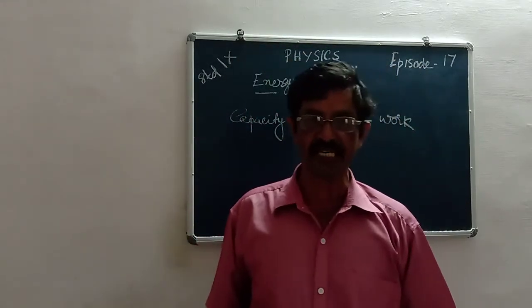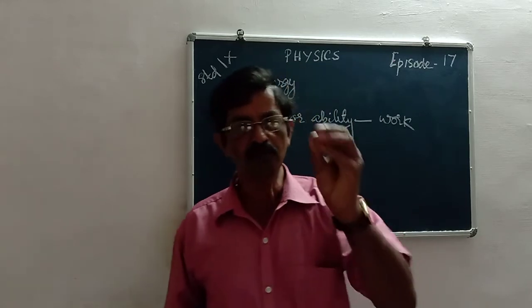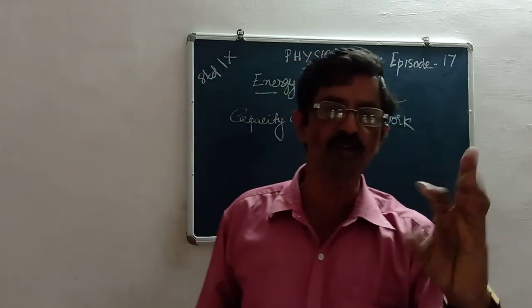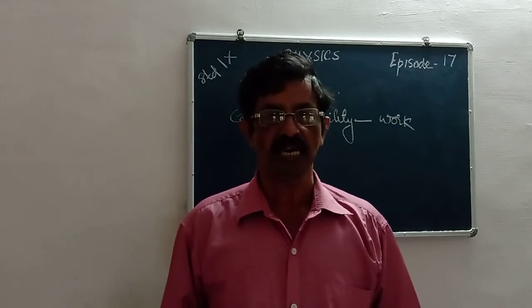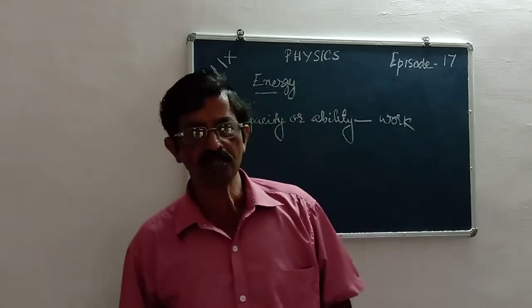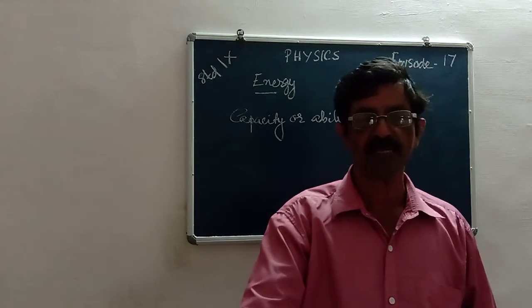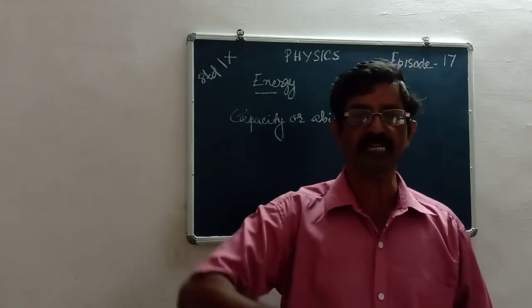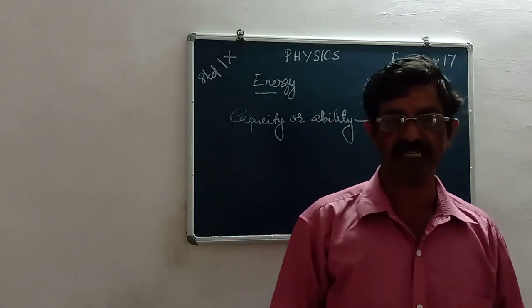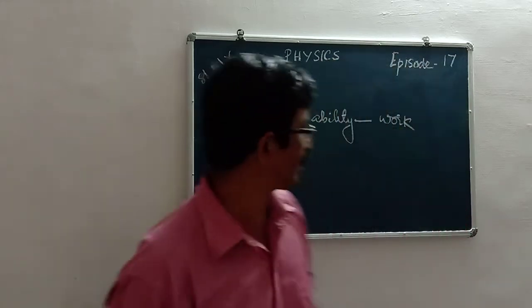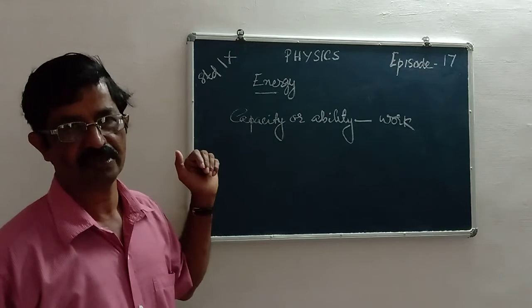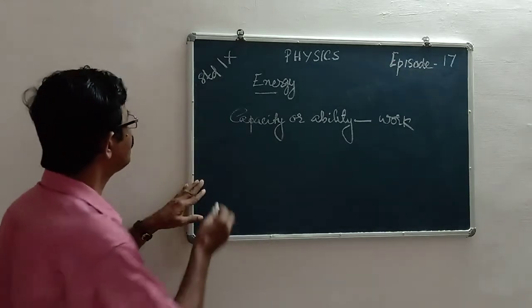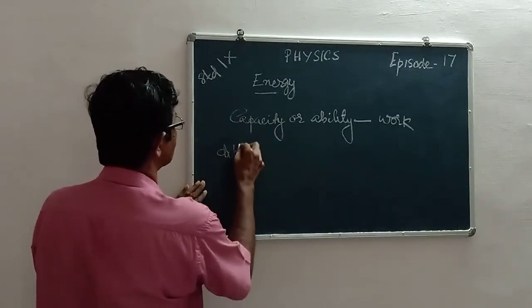When one body does a certain amount of work, its energy decreases. And when it does work on another body, that body gets energy, so its energy increases. So remember what energy actually is. Now you want to know the different forms of energy.